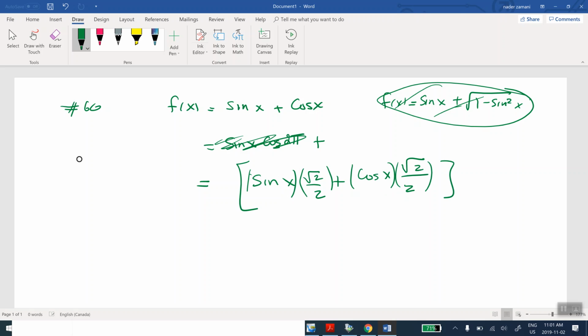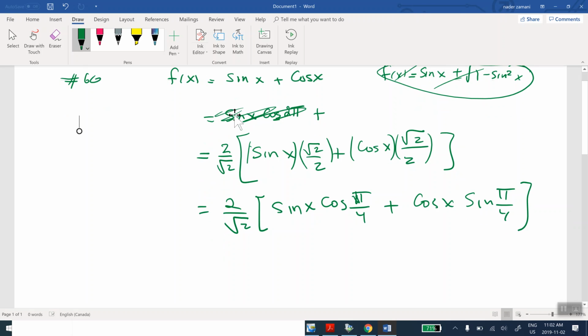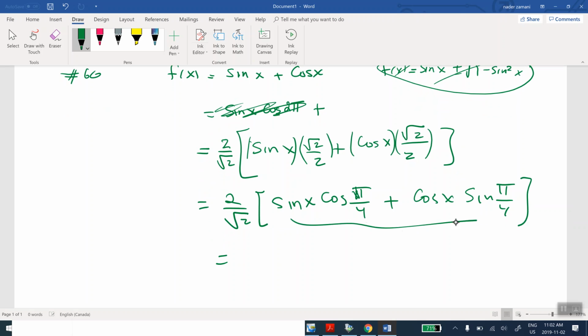So I have to put 2 over root 2 here so that they do become equal to each other. So 2 over root 2. Now this is sine of x cosine of pi over 4 plus cosine of x sine of pi over 4. And now we have a formula which allows us to combine these things. This is sine of x plus pi over 4.